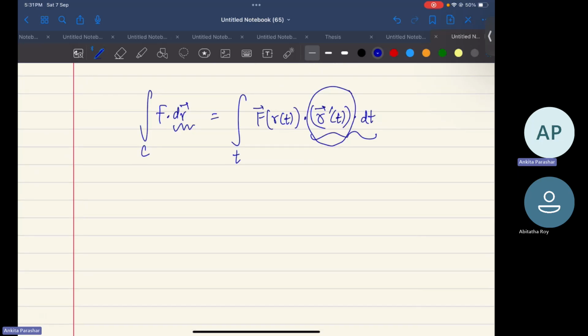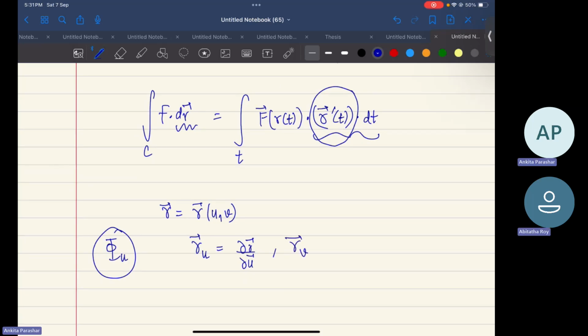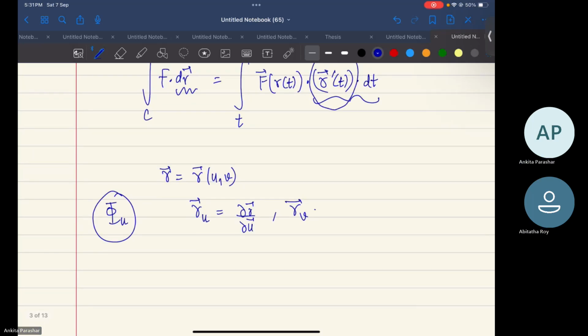So suppose I parameterize r by r(u, v). Then I take r_u, or phi_u in the notation used earlier, which is del r by del u, and similarly r_v, which is del r by del v.